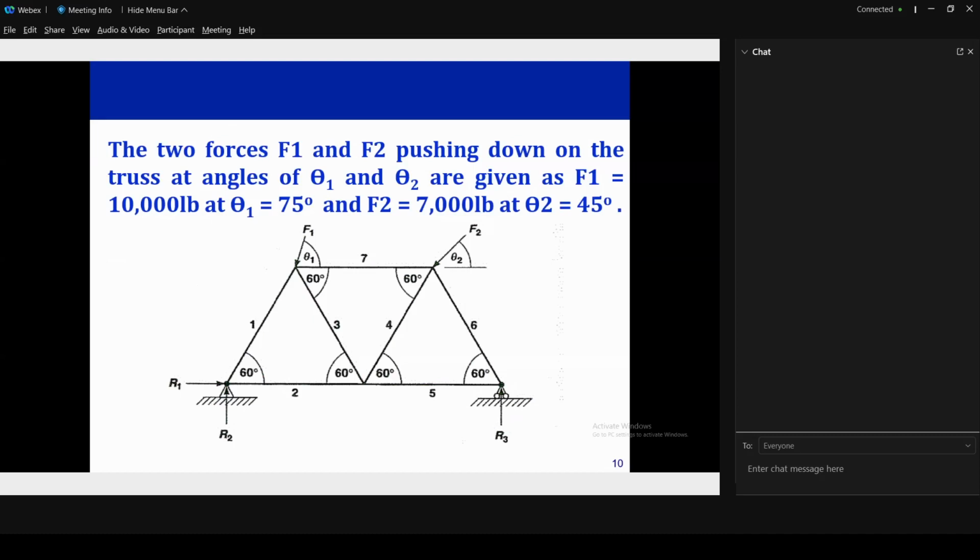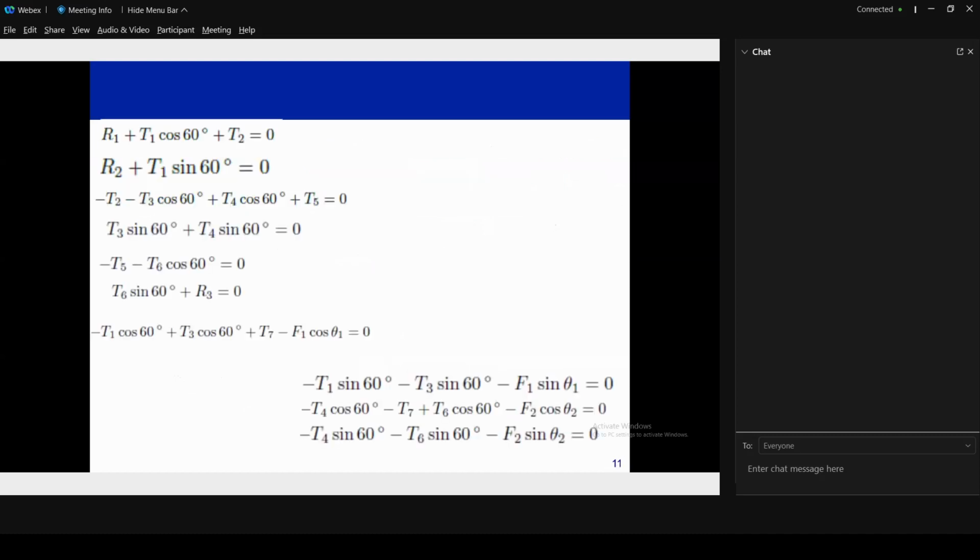If this stress problem is given, then you need to resolve these stress problems and try to find out R1, R2, and R3. Correct? So here are the equations. That's R1 plus P1 cos of C plus P2 is equal to 0.